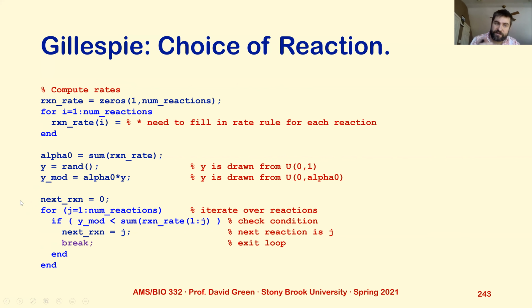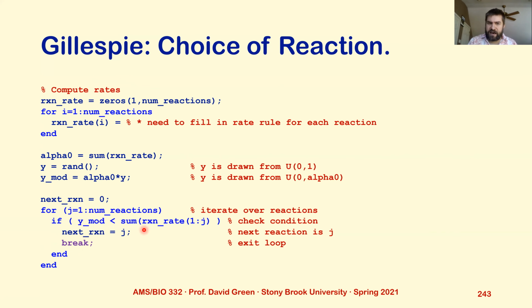One way we can do that, there's more than one, is to do a loop where we loop over each reaction, starting at the first, and we ask, are we in that section? Are we less than that first little piece? If we are, then we set the reaction to that and break. And if we're not, we go on to the next.